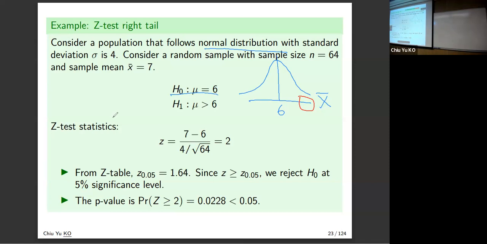It's big enough. And how do we quantify big enough? If this is big enough, it represents the idea that this area is small, because the further away, the less likely it is to happen if the mean is 6. If this orange area is sufficiently small, then we say it's far away.